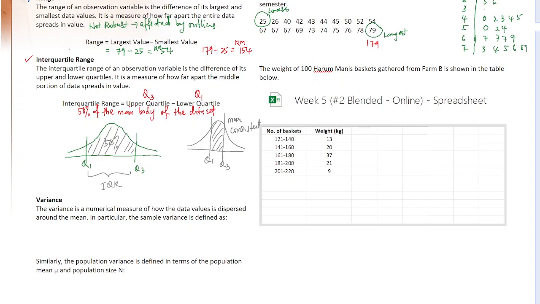Kalau katakan outliers, nilai range memang akan berubah. Tapi dalam interquartile range, even though you have outliers in your data set, the Q1 and Q3 will not be affected, and at the same time the IQR also will not be affected. Okay, so that is the situation.